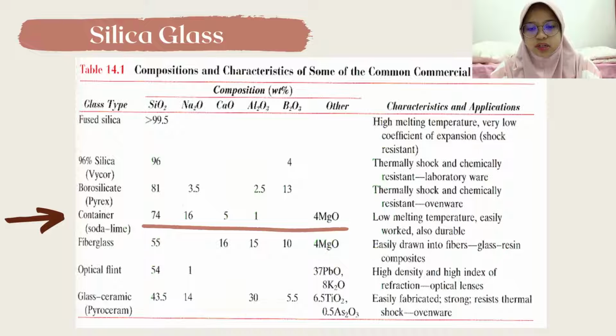For example, the soda lime glasses that I have highlighted. Soda lime has a composition of 74 weight percent SiO2 silica and 16 weight percent Na2O and others. The different composition of the substances will give different characteristics and applications for the different types of silica glass.